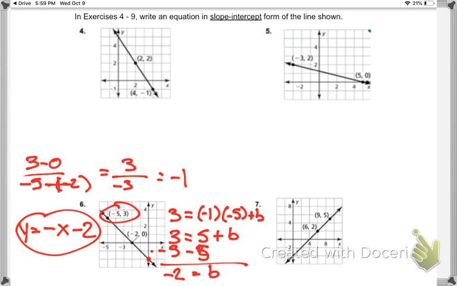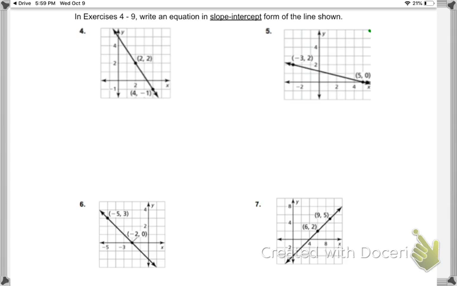So again, when we look at our slope triangles, I moved to the right 3 units, and I also moved down 3 units. So again, that checks out with our rise over run. And then we also have our graph showing that our line crosses the y-axis at negative 2, which again is also shown in our equation.